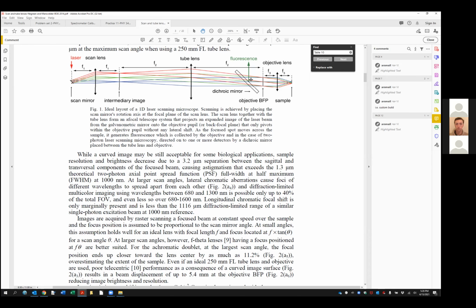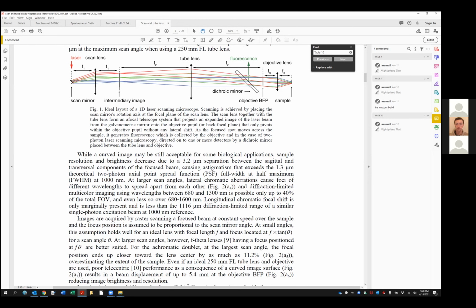So we could just send it all to one detector, one big surface somewhere out there that this mirror is pointed at.